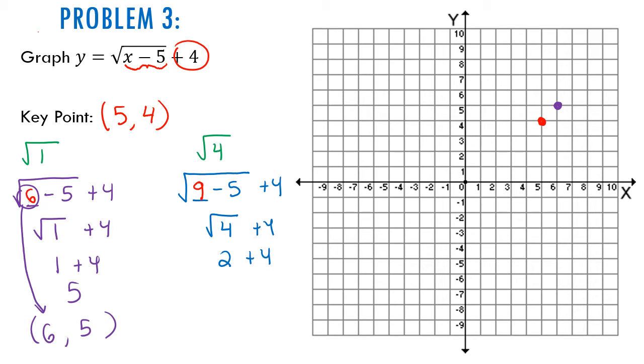And 2 plus 4 is 6. So we would have 9, comma 6. We take the number that would fit into that space, and then we take our result for the y. So we have 9, comma 6. And then we start at our key point, and we draw our square root graph heading to the right. Yes, our square root graphs are always going to head to the right.